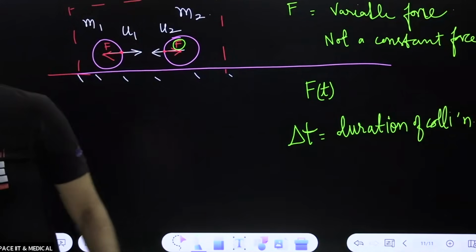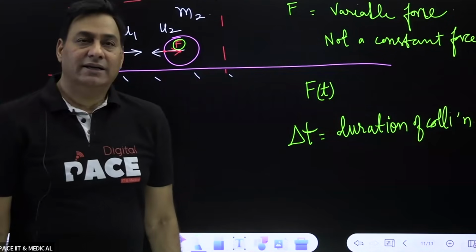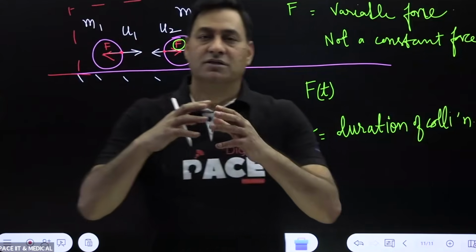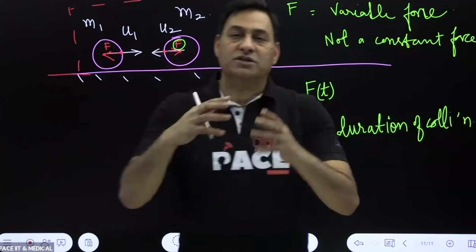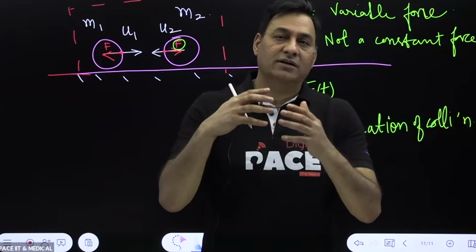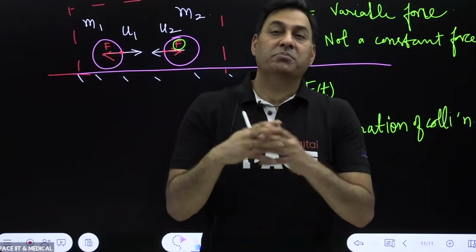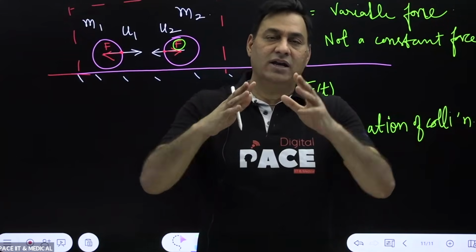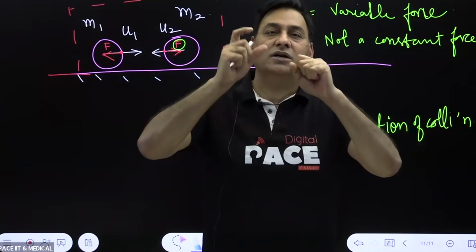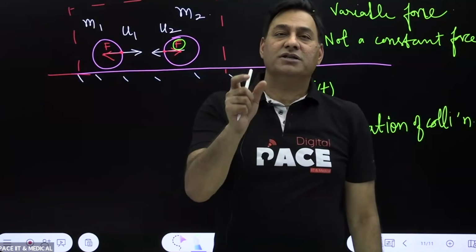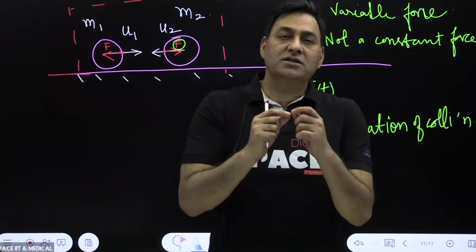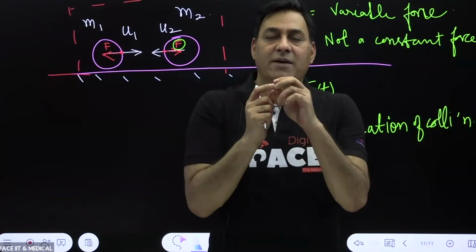Yes. And that's why collisions and collision forces, the forces that act during the collision, are impulsive forces. They are very large in magnitude because the duration of collision is very small and a sudden change in momentum is happening.